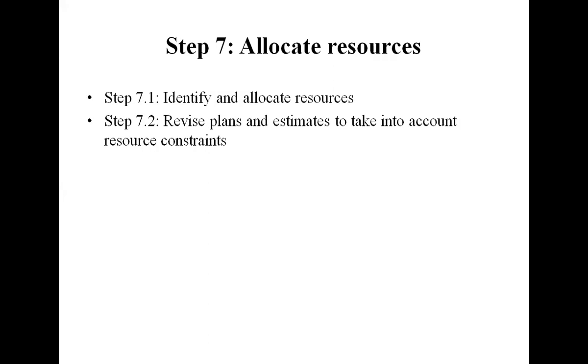For example, the type of staff needed for an activity and the available staff for the project. Also, identify and allocate resources includes what type of staff is needed for the activity and who is available when required. For example, if we have some problem with coding, who is available for coding purposes?